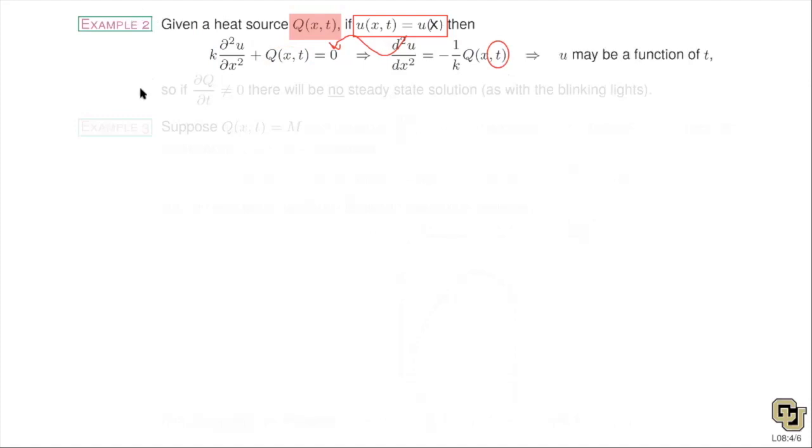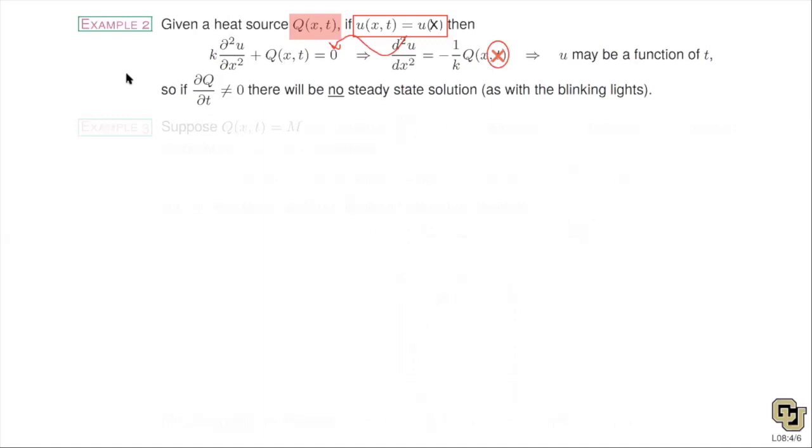So as it stands right now, without any further restrictions on the internal heat source, there's no guarantee of a steady state solution. The only way we can get a steady state solution is if this T variable is not here. Another way to say that is if partial Q partial T is not zero, then there will be no steady state solution, as with the blinking light scenario.